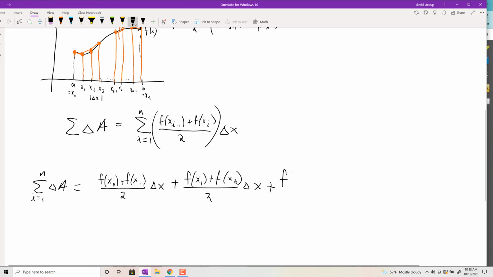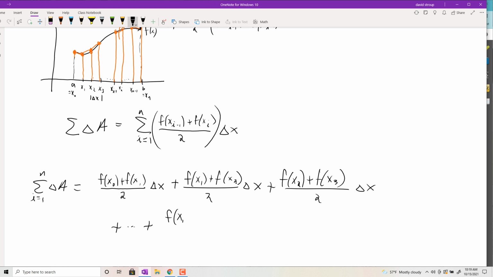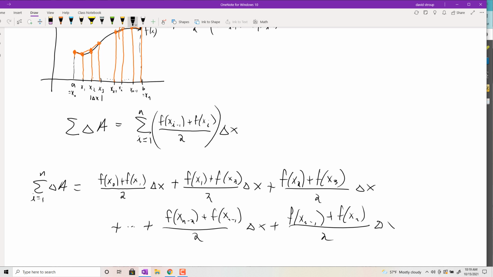Plus f of x sub 2 plus f of x sub 3 all over 2 times change in x, plus dot, dot, dot, plus the last two: f of x sub n minus 2 plus f of x sub n minus 1 all over 2 times change in x, plus f of x sub n minus 1 plus f of x sub n all over 2 times change in x.